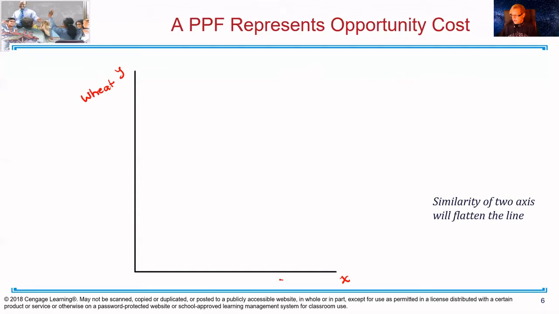How about hay on the x-axis? I'm measuring land, labor, and capital. Okay. Yes, it will be a bowed out shape.